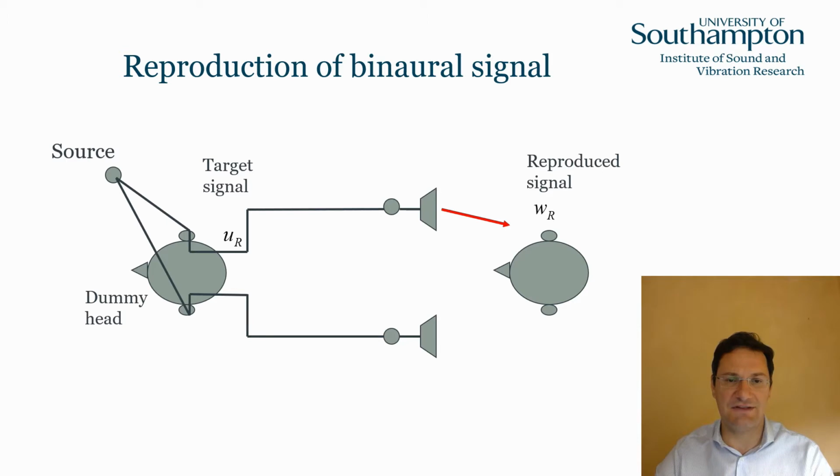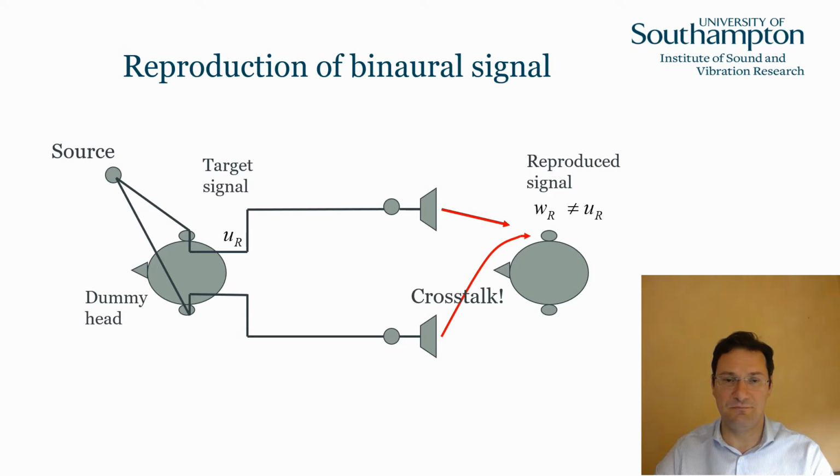UL is going to be the one for the left ear, and then we can use a reproduction system consisting of two loudspeakers, and we can drive the right loudspeaker with the signal UR, and the same we do for the left signal. Of course, the loudspeaker will generate a signal that will reach the right ear, therefore delivering the signal WR recorded at the ears of the listener.